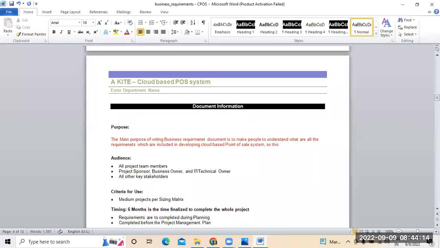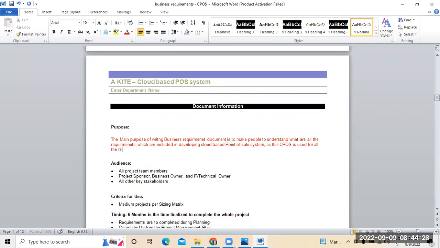I'm just writing in a rough manner, not in a formal way. Usually this is how we write. As CPOS is used by all retailers to perform their billing and other activities in a more hassle-free manner, this is the purpose we have written.